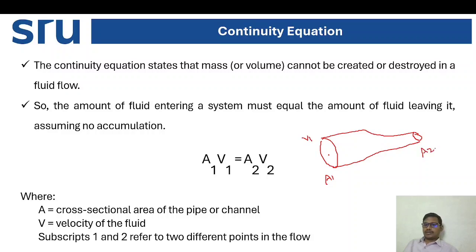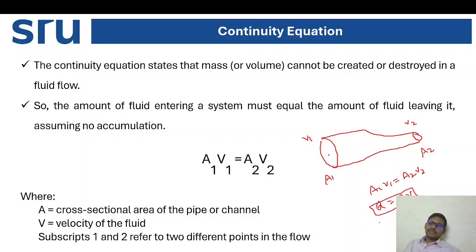This is a point A2, we can expect some velocity V2. But we are taking this flow as continuous. A1 V1 equal to A2 V2. I hope you people know discharge Q is equal to A into V.